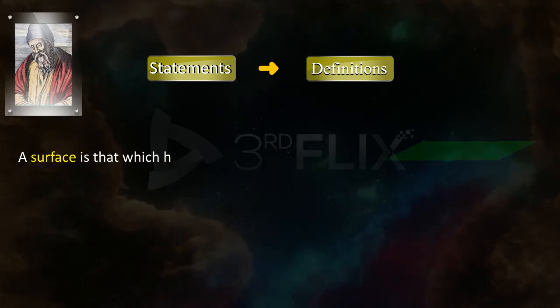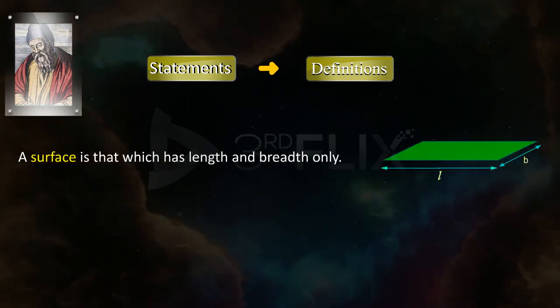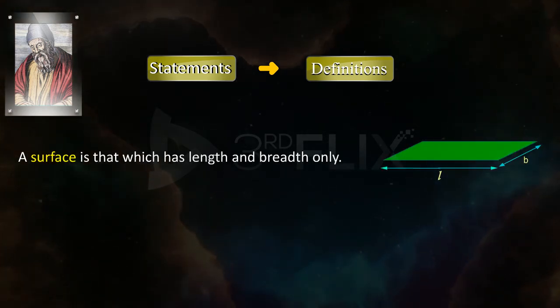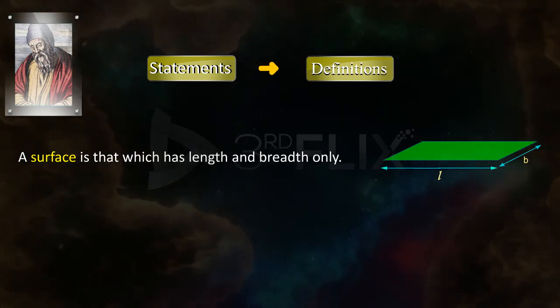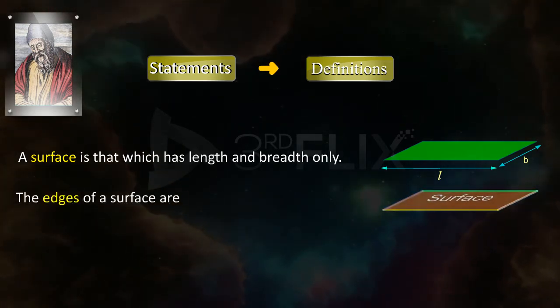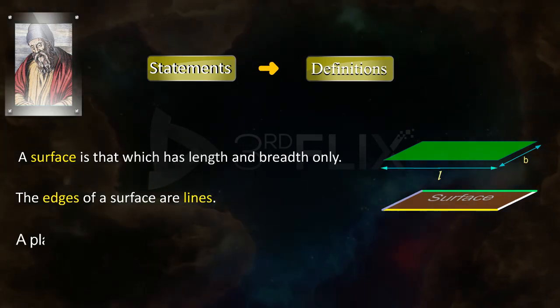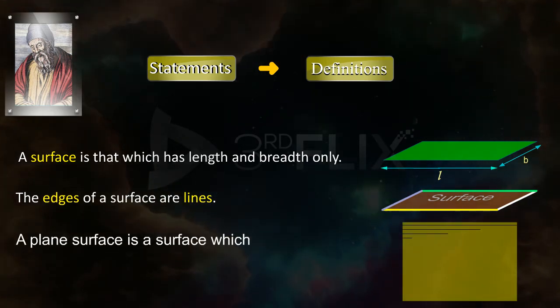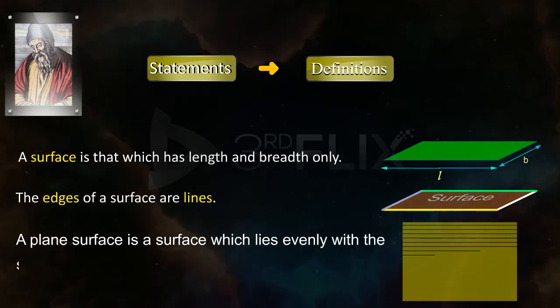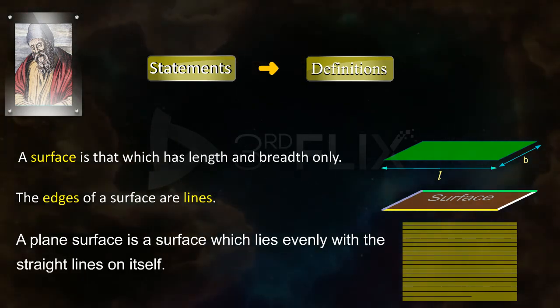A surface is that which has only length and breadth. The edges of a surface are lines. A plane surface is a surface which lies evenly with the straight lines on itself.